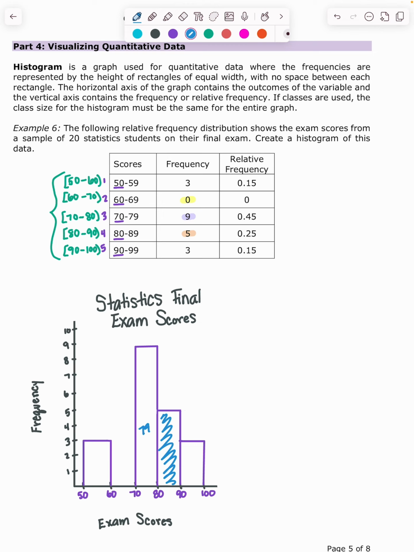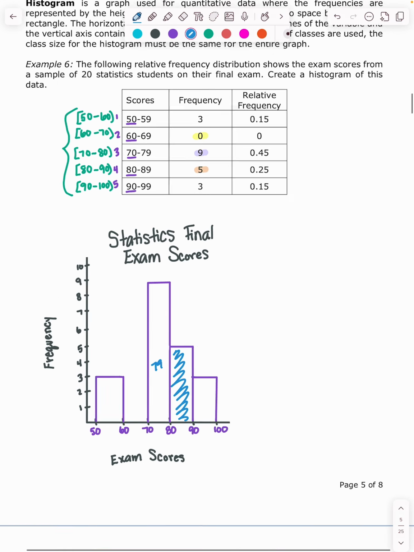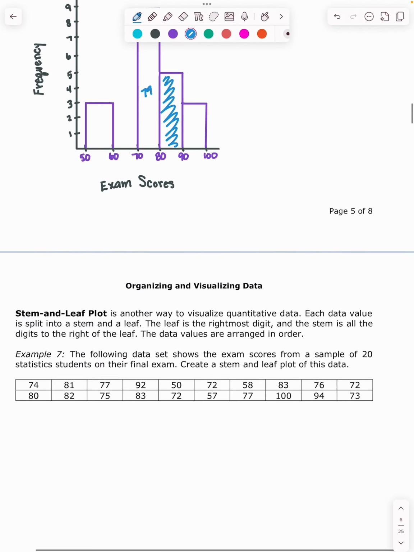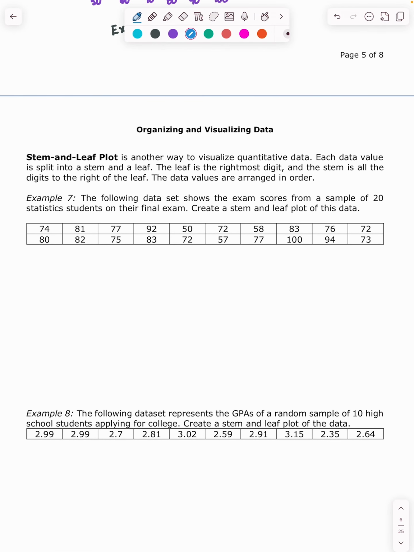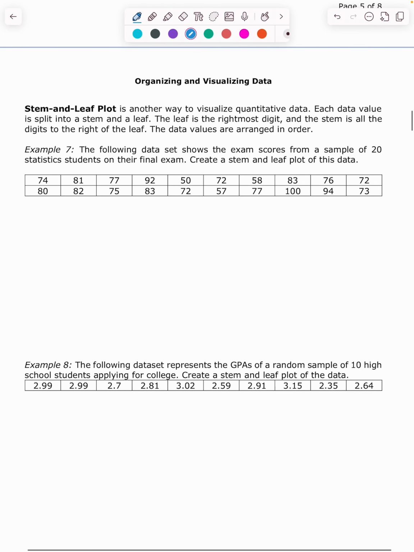So that was histograms. We're also going to do stem and leaf plots. We're going to do those next. Right down here, I've got 2 examples of stem and leaves. So stem and leaves is another way to visualize quantitative data. Every data value is split into a stem and a leaf.